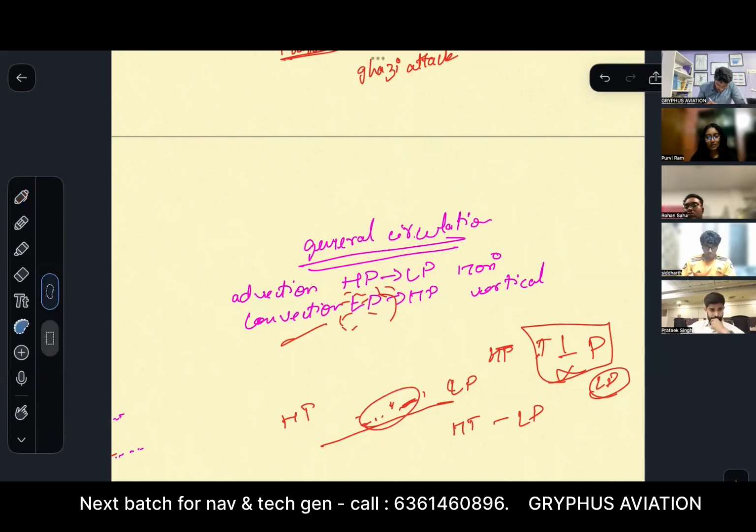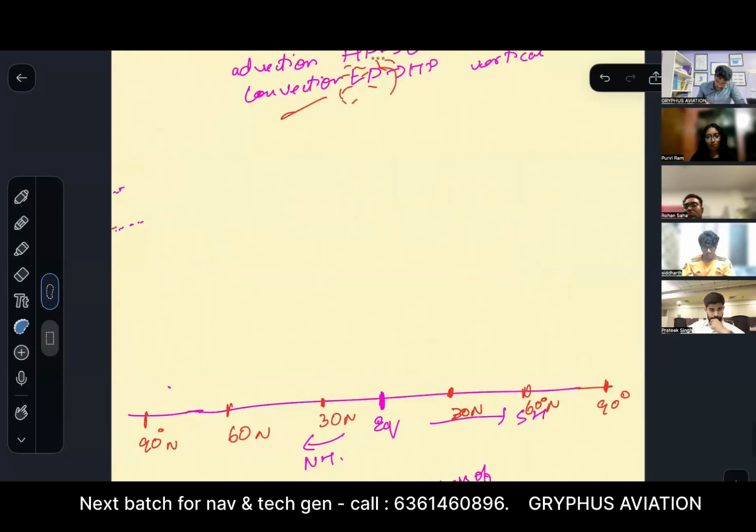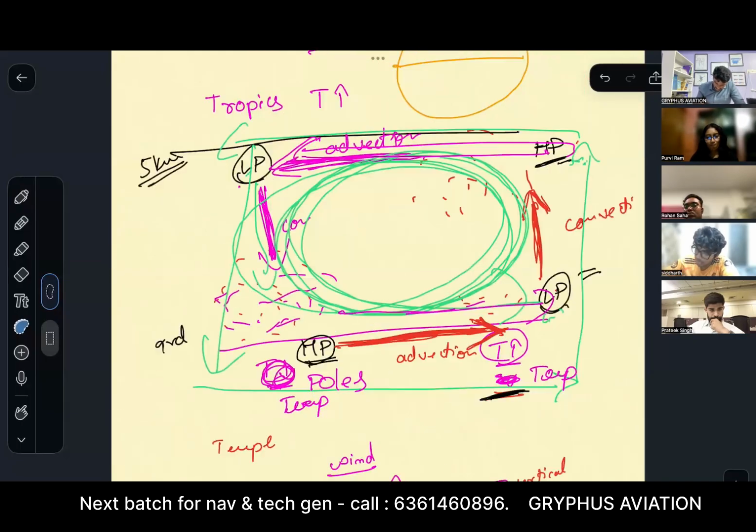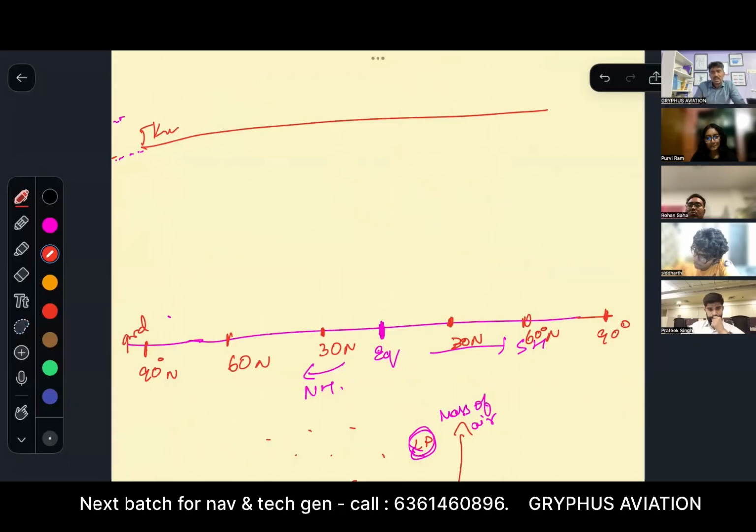So basically, yeah, this is the ground. This is, let's say, 5 kilometers up in the air. Now I need your imagination. On the equator, just now I showed this is going to be low pressure.